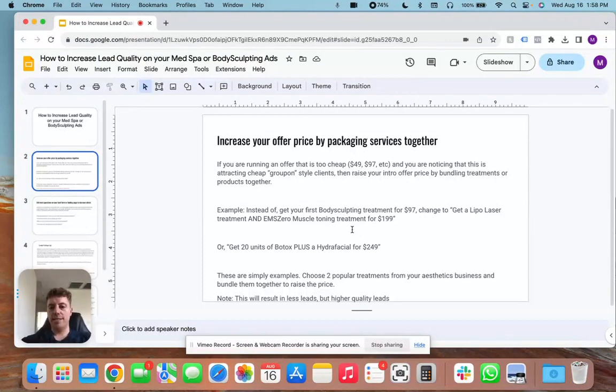And what that'll do again is, the people that don't even have $200 to spend, or the people that think that's too expensive, they won't even bother filling out your form or your landing page. So you're kind of weeding those people out right off the bat.